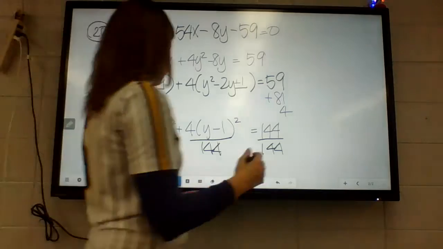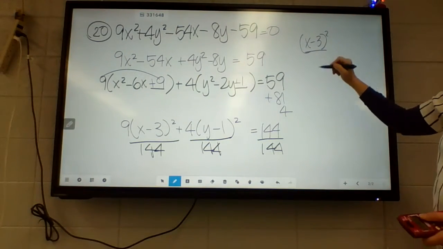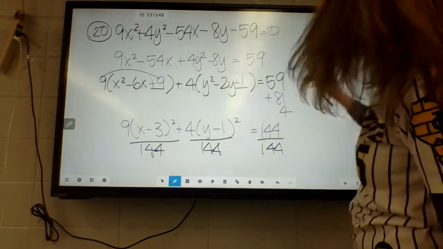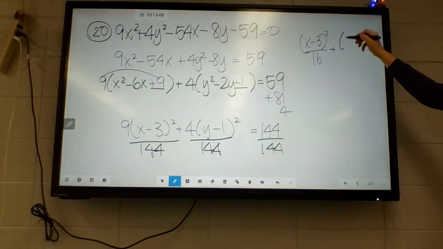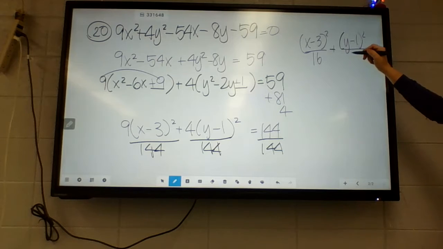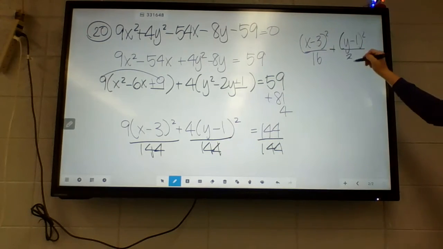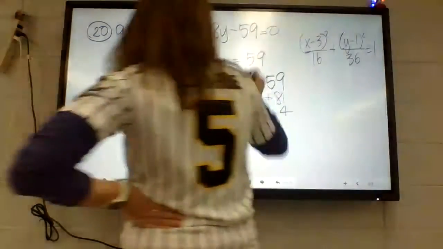So this ends up being x minus 3 squared over, that ends up being 16, is that? Because 144 divided by 9. Then this ends up being 36, I believe. So once I have that, then I need to graph all this.